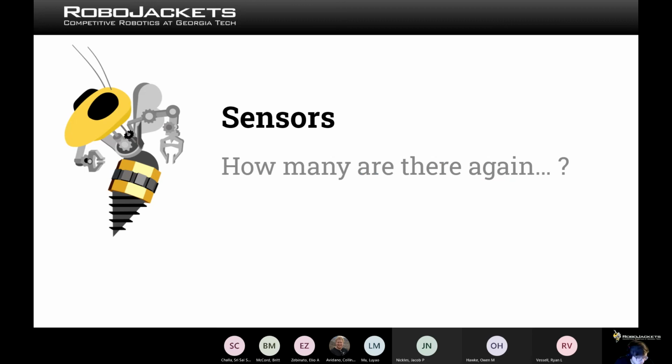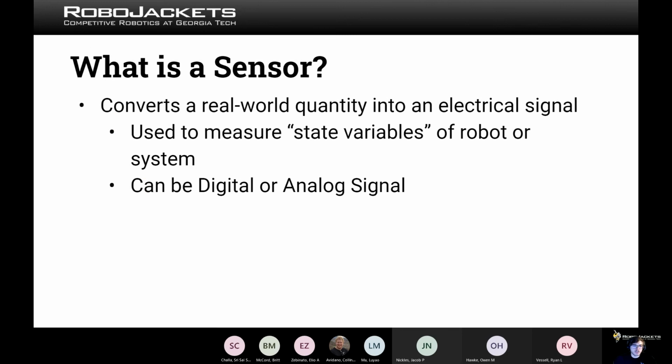So communicating between devices is good, but it's good to have information to be communicated. That's where sensors come in. So what is a sensor? It converts a real world quantity into an electrical signal, for our case. It's used to measure state variables of a robot or system, and it can be digital or analog.